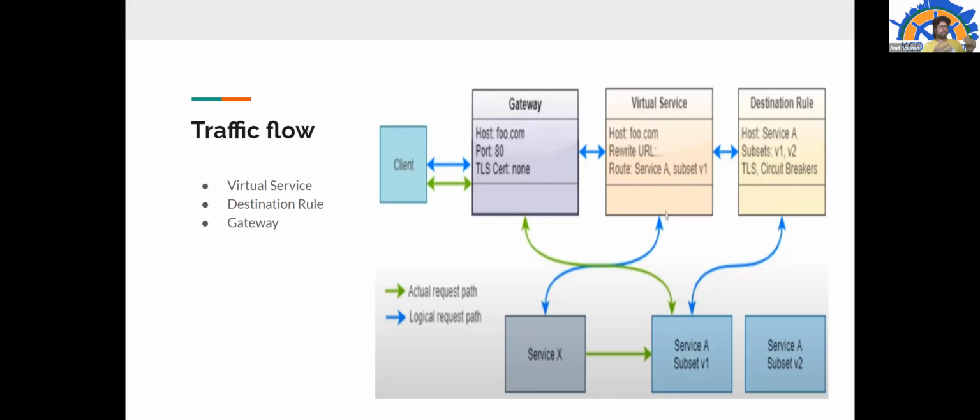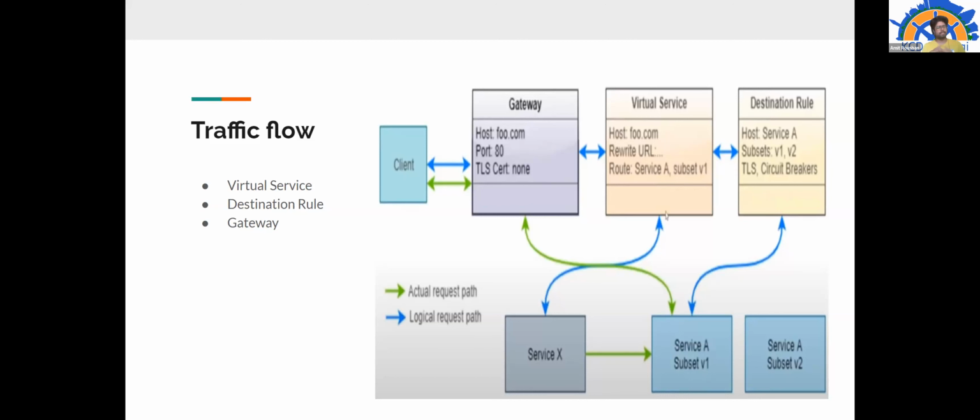The client can use the same host name to connect to both, and you can also divide the traffic. So the virtual service abstraction provides all such configuration with which the two services can communicate, and those controls are provided by the virtual service.